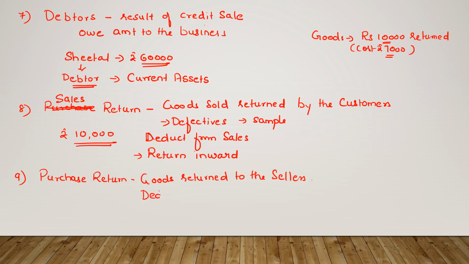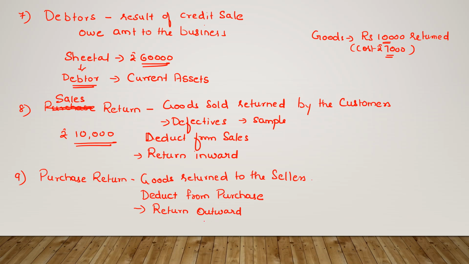What do we do with this? We put it into the purchase return account and then we deduct it from the purchase amount. From the total purchase, we would subtract this purchase return. And there's one more term that can be used for purchase return, and that is return outward.